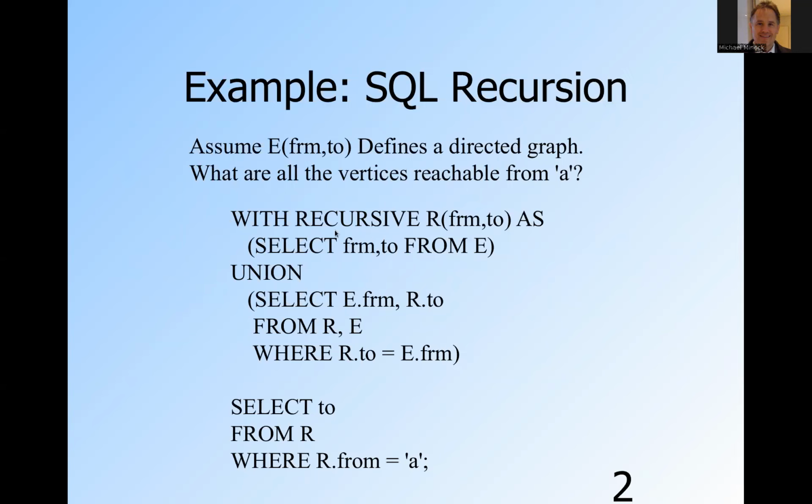What it's doing here is saying WITH RECURSIVE R(from, to) AS, and the first part is just copying the edge relation into R. That's a select from that. And this part, doing a union, is essentially the same expression we had in the relational algebra example I did.